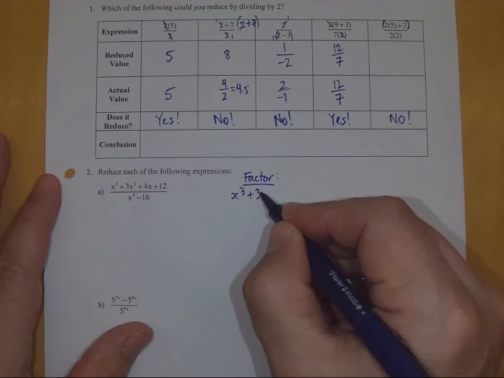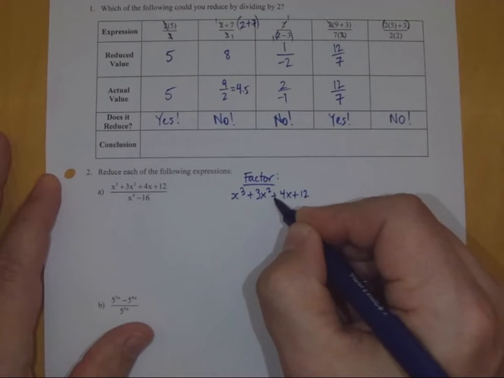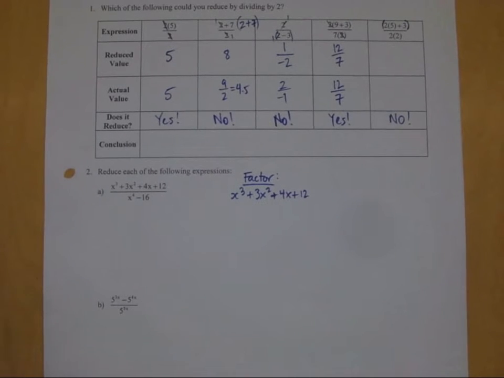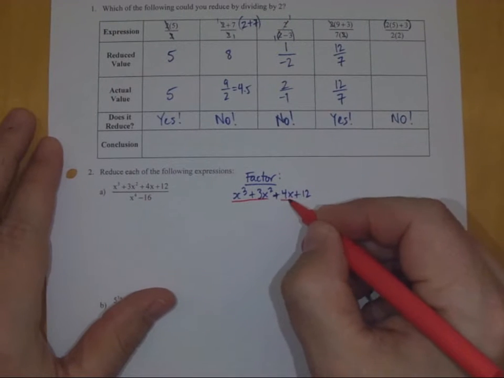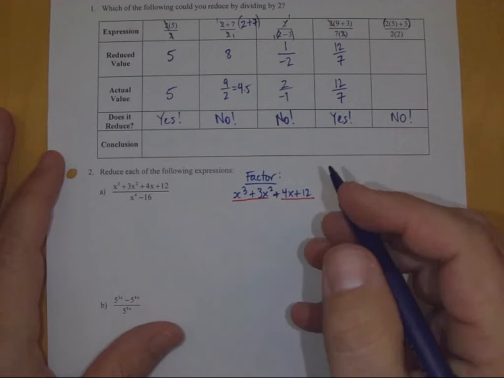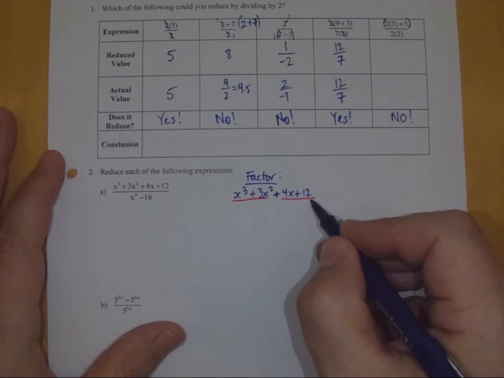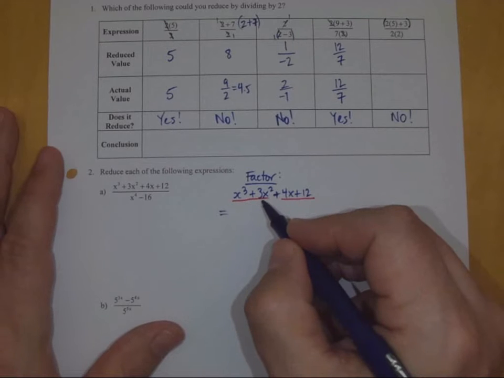x cubed plus 3x squared plus 4x plus 12. What I immediately notice about these 4 terms is that I can make 2 groups out of them and common factor something out of each group so that I get the same binomial left over. Interesting.